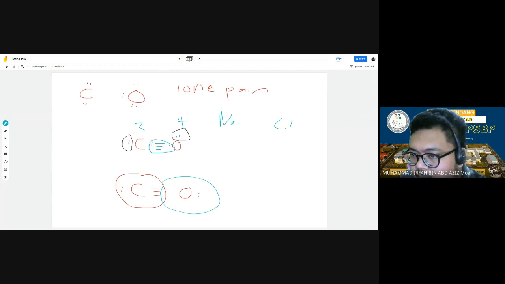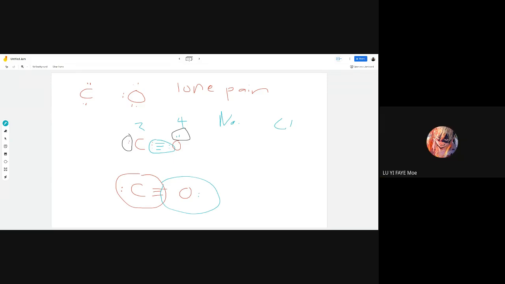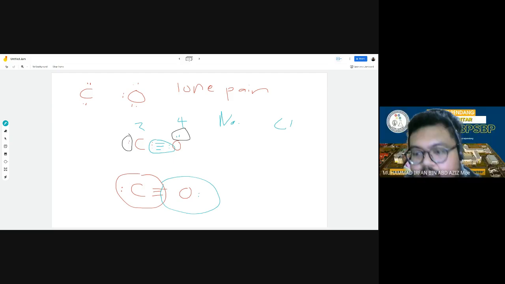But covalent ni, dia tak matter siapa lagi banyak. Janji the main objective to have octet arrangement tu dicapai. Macam tu. But the fact that carbon didn't share the same number of electrons as oxygen, it didn't matter.